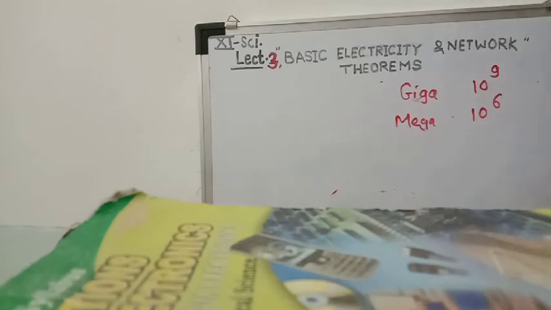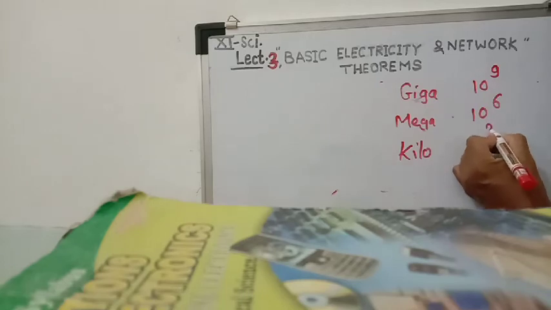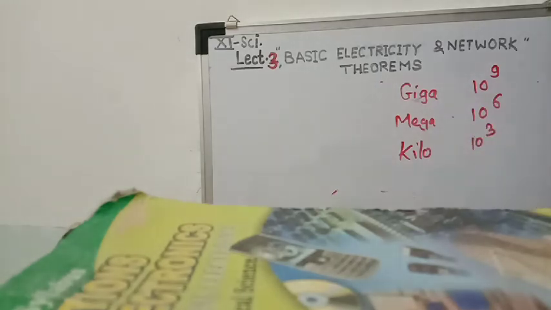Then kilo is 10 raised to 3. Then some fractional units. Milli is 10 raised to minus 3. Suppose the current is 1 milliampere in a circuit. If it is to be converted into ampere, then 1 milliampere is equal to 1 into 10 raised to minus 3 ampere.